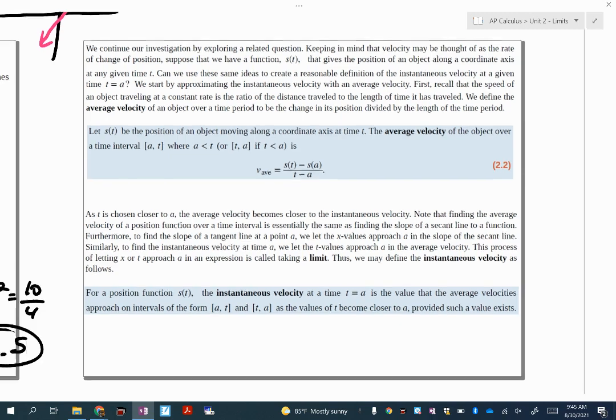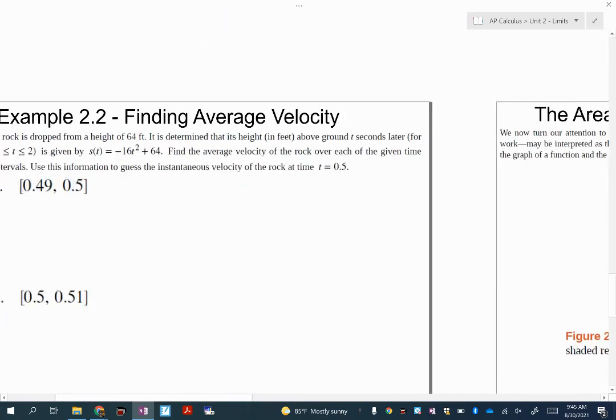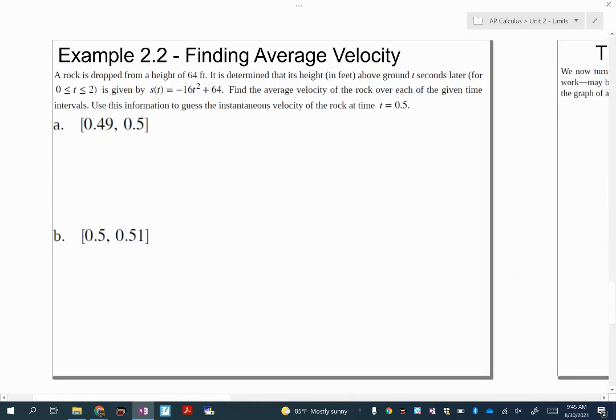I'm going to use this information to calculate the average velocity of this rock that is dropped from a height of 64 feet. Again, they're giving me a position function, S of t, and the time interval, from 0 seconds to 2 seconds.